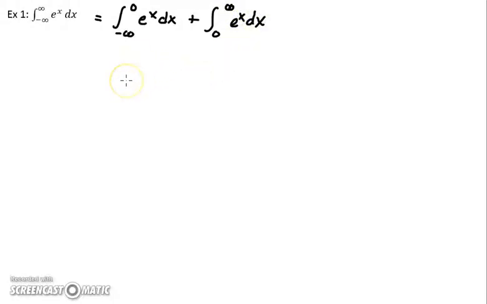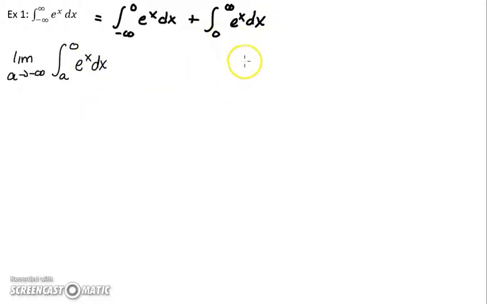Now we take each of these separately. For the first one, we write the limit as a, since it's our lower limit of integration, goes to negative infinity of the integral from a to 0 of e to the x dx.